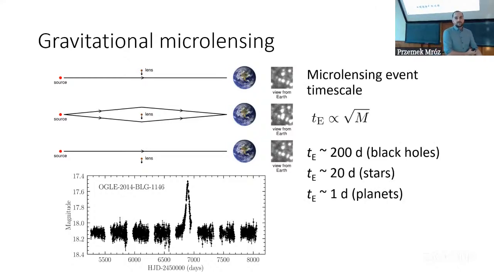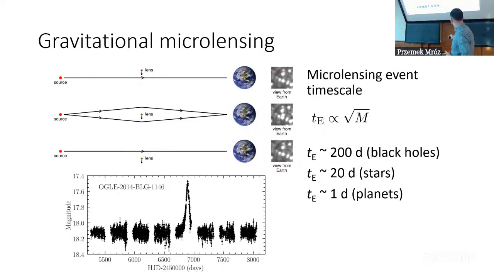What is important is that microlensing doesn't depend on the brightness of the lensing body. And so this method allows you to detect objects that are dark, that do not emit any light, objects such as neutron stars or black holes. On the other hand, the duration of microlensing events depends on the mass of the lensing body. So generally, the higher the mass, the longer the events.